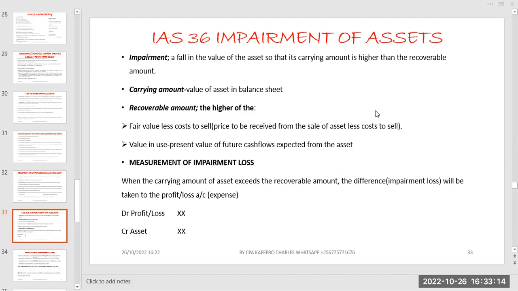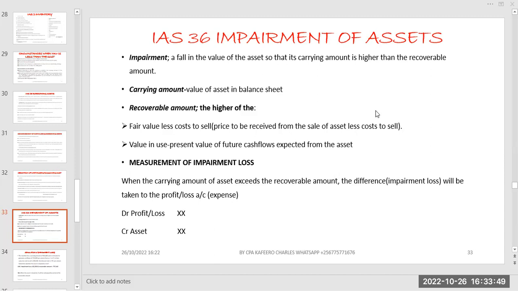If you find it a bit confusing or challenging, try to go through the first video, which we started with, the elements and the measurement bases for elements of financial statements, because we spoke about them and did some computations, so that it wasn't just for fun, but it was going to be useful in our presentations.